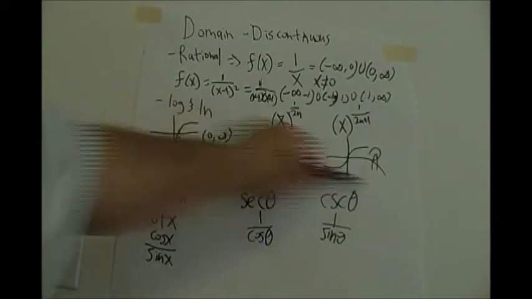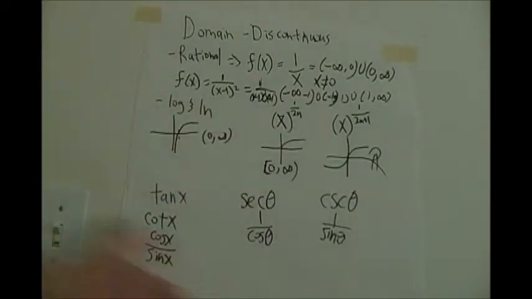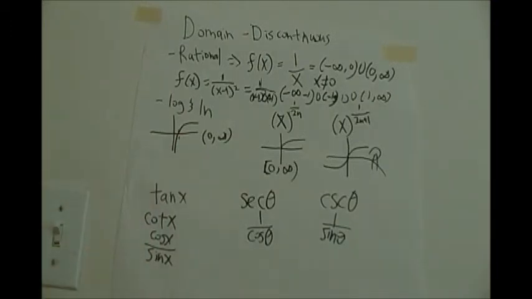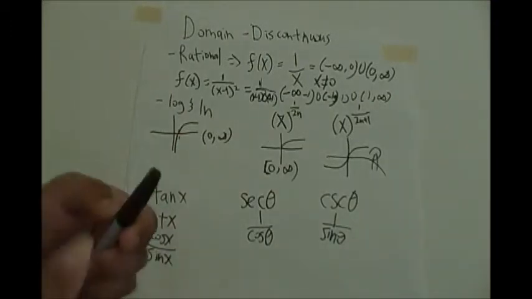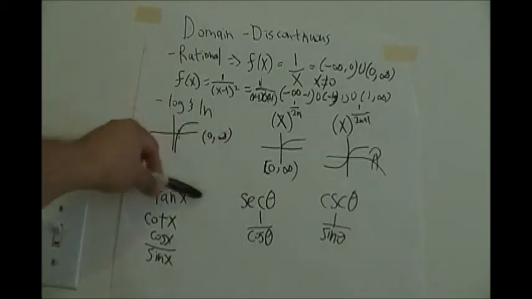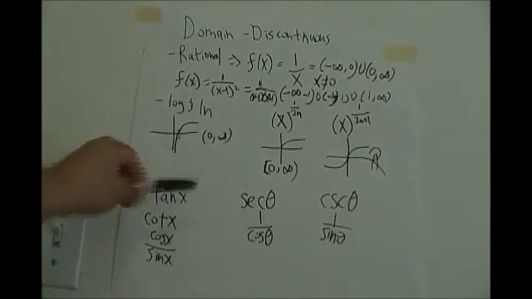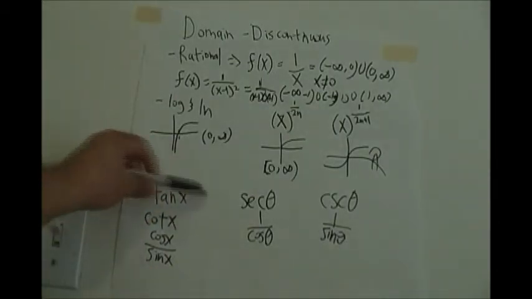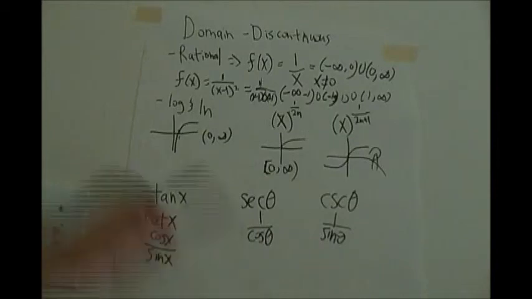Finally, we have trig functions. There are certain trig functions that have ratios, which is kind of a rational function. I didn't write it here, but tangent x is going to be sine over cosine, so you have to find where cosine is equal to 0, meaning what radians make it 0.